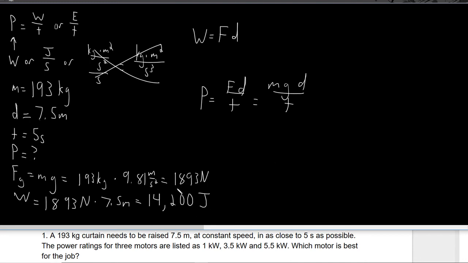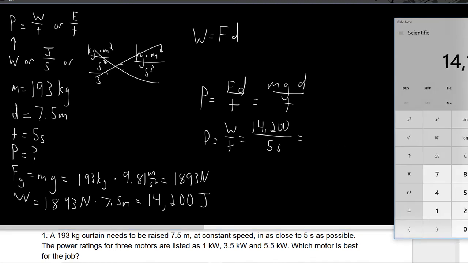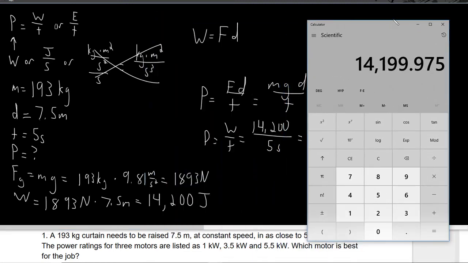All right. So now I figured out the work. So now I can figure out that power is equal to work divided by time. So I've got the 14,200 divided by the time we said was 5 seconds. Divided by 5.